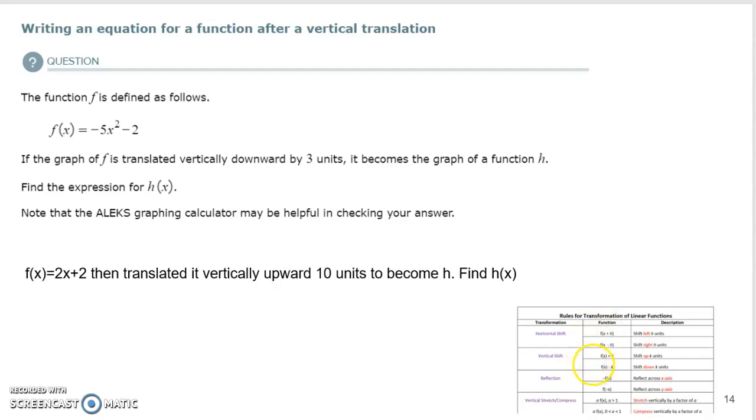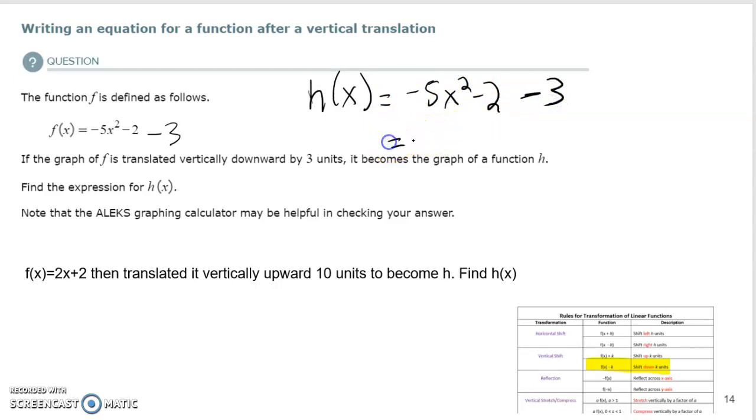You're going to see this when we subtract outside of the function. So if I want to move it down 3, I'm going to take what's already here, and it's going to be a down 3. So my h function looks like taking my negative 5x squared minus 2, moving it down another 3. And that's what my h function would look like.